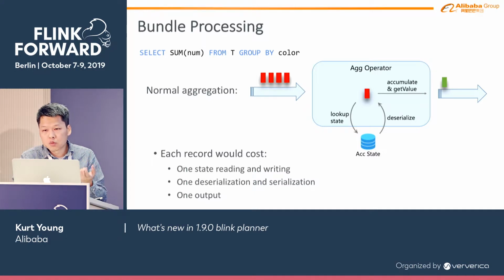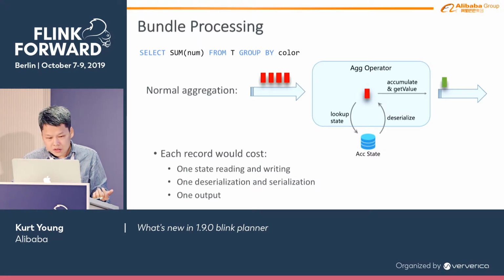Then we output some result, and maybe we should also output a retraction message first, and then the correct message. And then we have to write it back into state with a partial result. So typically, each record costs one state read and one state write, plus deserialization and serialization, and it will generate one or two outputs.